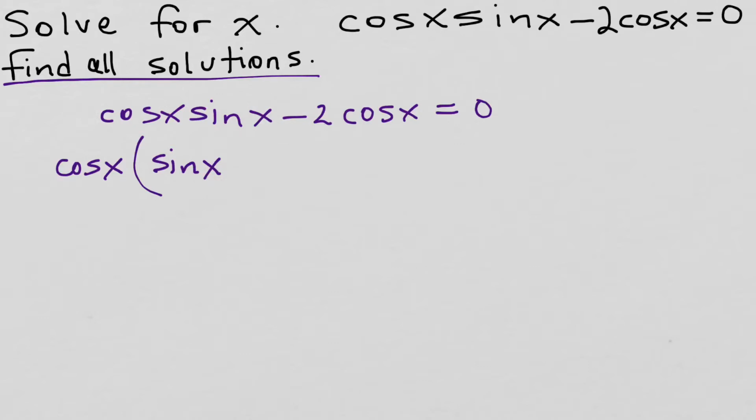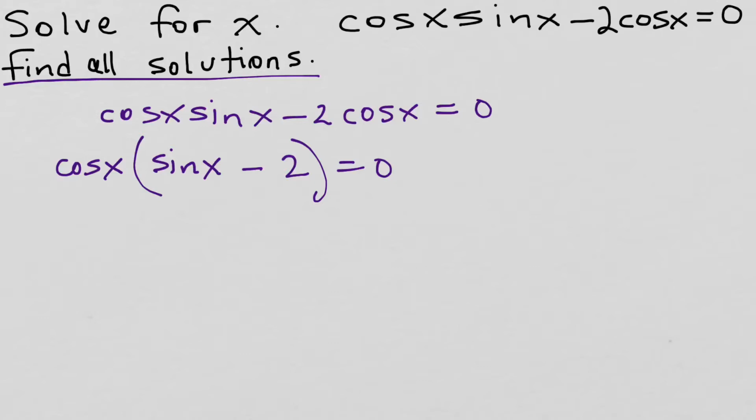All right, so now I've got minus, and I'm going to say 2 is equal to 0. Now let's check that last term. Cosine of x times minus 2 is minus 2 cosine of x. All right, so I factored it. Now, we also have learned in the past that when your factors equal 0, those are going to give you solutions.